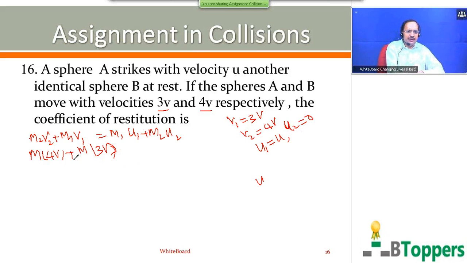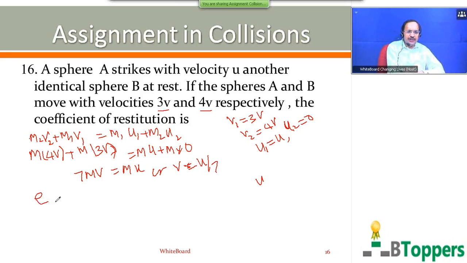If you substitute these values, m1 is m, m2 is also m. So you get 7mv equal to mu, or v equal to u by 7.